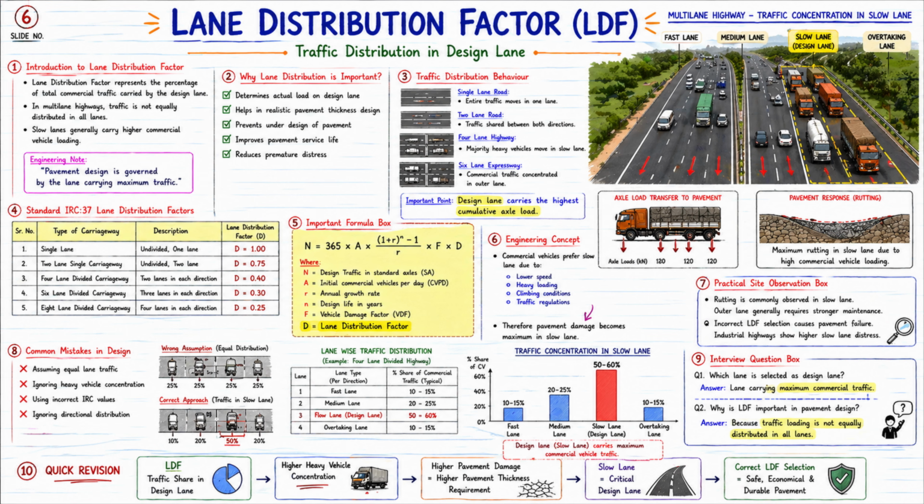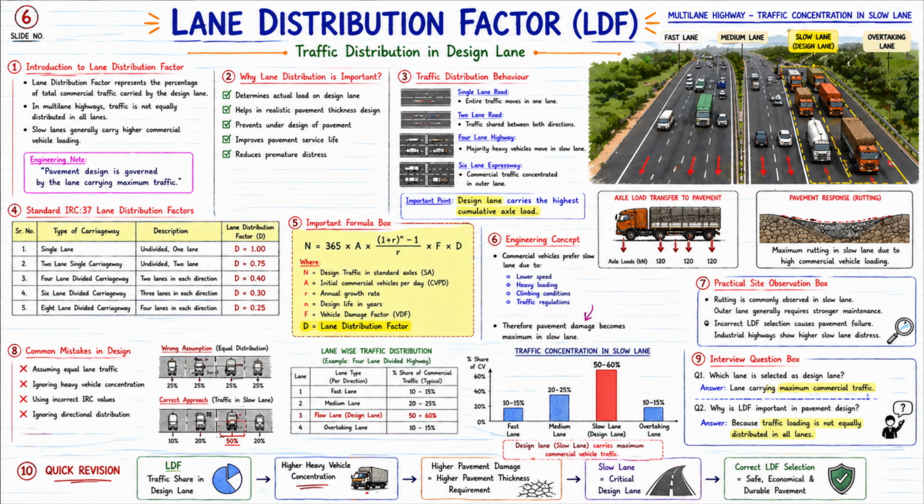Now look at the traffic concentration graph below. Fast lane 10% to 15%. Medium lane 20% to 25%. Slow lane 50% to 60%. Now this is the most important practical observation. See the lane-wise traffic distribution table below.